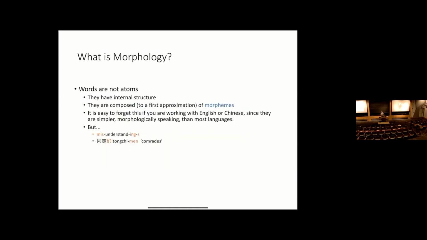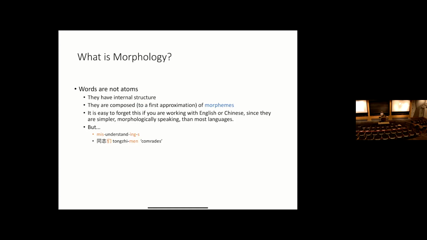So what is morphology? Well, it's about the internal structure of words. That's the first thing to know, that words are not atoms in the sense of Democritus. They're not indivisible units. You can divide them into smaller pieces. If you grow up as a speaker of English or Chinese or a few other languages, this might seem weird to you, because for the most part, English words and Chinese words are units.